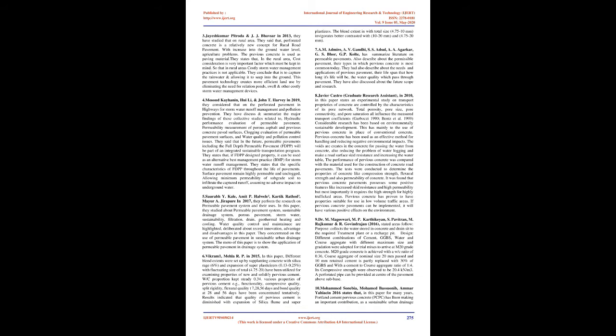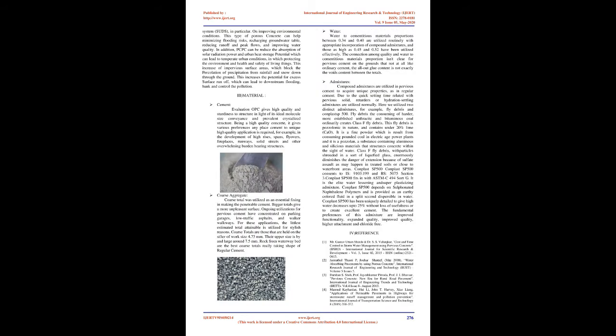6. Vikram and Mela RP, in 2015. In this paper, different blend proportions were set up by replacing cement with silica fume, 6%, and addition of superplasticizers, 0.13 to 0.25%, with varying size of aggregate, 4.75 to 20 mm, used for examining properties of fresh and hardened pervious concrete. The W/C ratio was kept constant at 0.34.